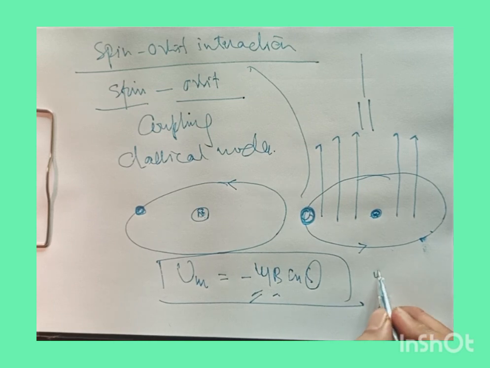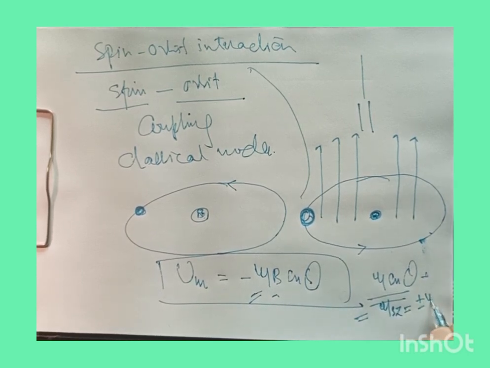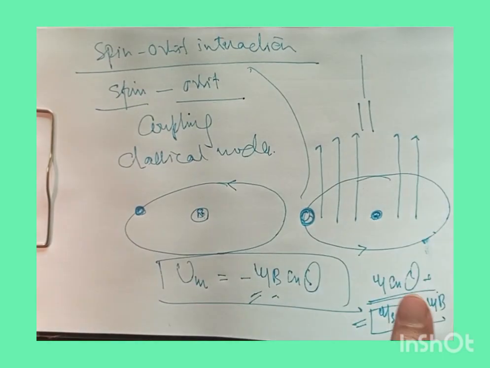And this mu cos theta is basically a component of the vector mu parallel to the magnetic field. In the case of the spin magnetic moment of the electron, this component is taken, if you rightly remember, as mu s z, and that is plus minus mu Bohr magneton.